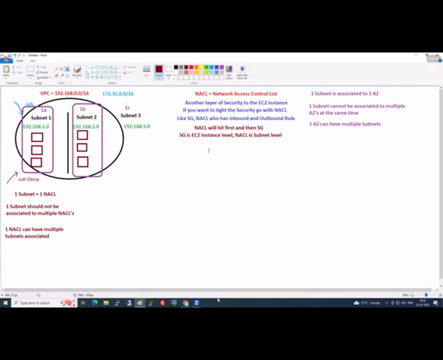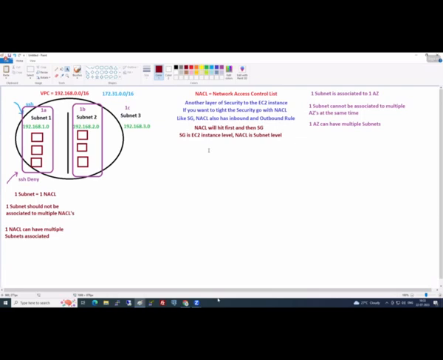So by default, we have a NACL. In the default NACL, inbound rules and outbound rules are allowed. Now, you created a brand new NACL. In that, are inbound and outbound rules allowed? No, they will be denied. New NACLs are denied, but default NACLs are allowed. That's why people are not talking about NACL.